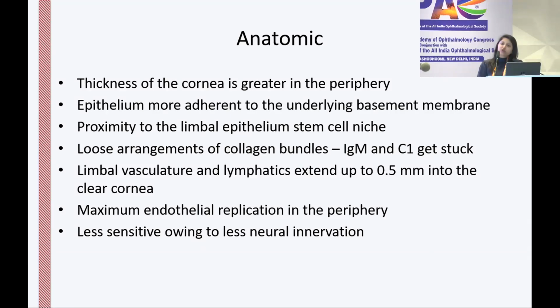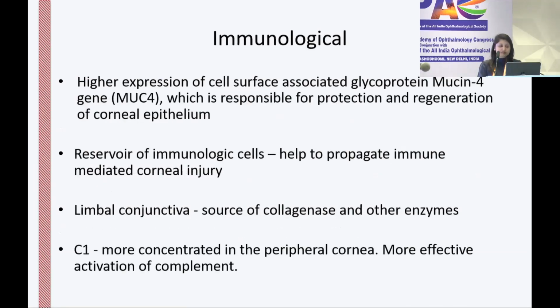The peripheral cornea also has higher replicative capacity for both the epithelium and the endothelium, which are immature cells that get affected faster than the mature cells in the center. Also, the area is less sensitive owing to less neural innervation. Immunologically, there is higher expression of the MUC4 gene, which when defective does not protect or regenerate the epithelium as it would in normal cells.